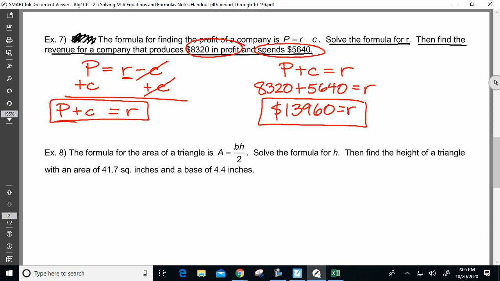So, that's it for example 7. Questions on example 7? So y'all stop telling yourself, I'm just going to wait until after school to ask. If Mr. Lowe gets called to the principal's office and the principal wants to talk to me, guess what?